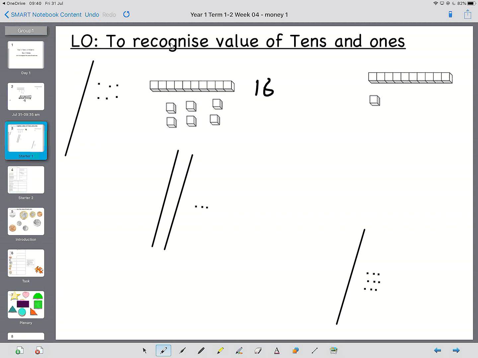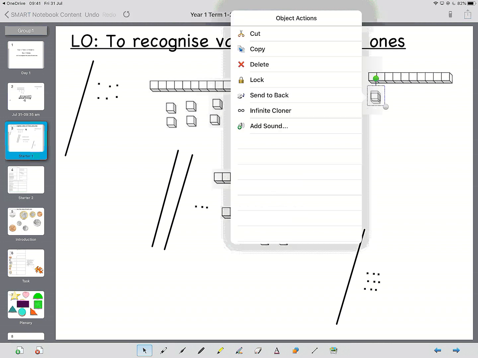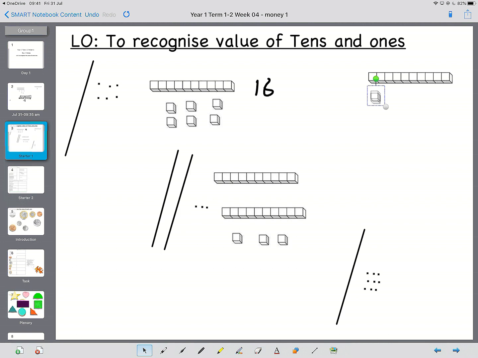What do you think this next value is? Again, write it down while I try to make it quickly. And tell me to stop when I get there. Stop! Brilliant. So how much is that? That's 23. Do you see how this line represents one 10, this line represents another 10, and then the dots represent the cubes?